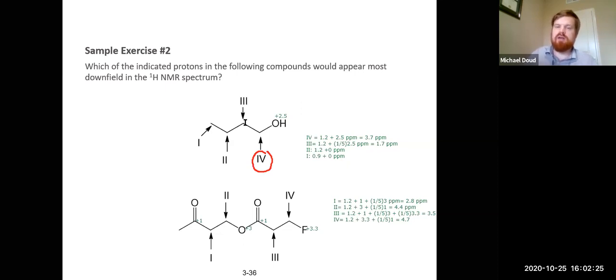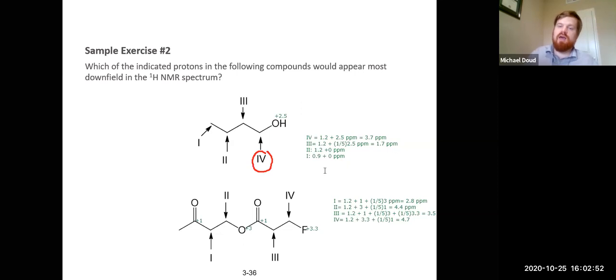Remember, the effects on the beta carbon are about 1/5 that of the alpha carbon. So it's 1.2 plus 1/5 times 2.5. That ends up 1.7 parts per million for that methylene group. Now, these are farther away, gamma or less, so we don't have any effects here. So carbon 2 ends up being just a methylene group, 1.2 parts per million, and carbon 1 is 0.9 parts per million because it is a methyl group.